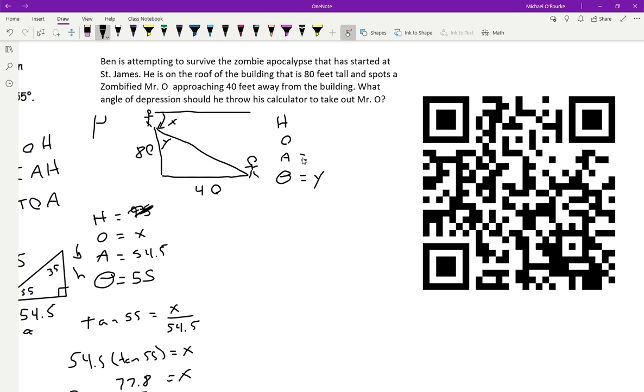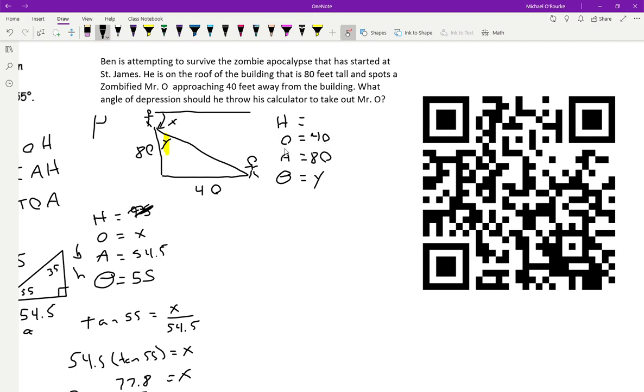What's my adjacent in this case? If I'm trying to find Y right here, what's my measurement of my adjacent? Good, 80. Now, do I have my opposite or hypotenuse here? What's the 40? Opposite or hypotenuse? Good. 40.